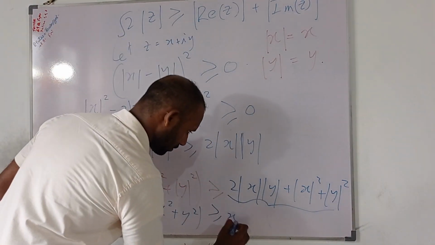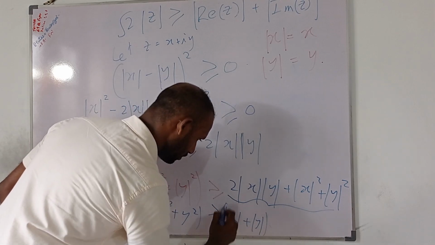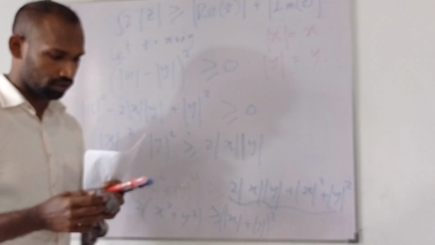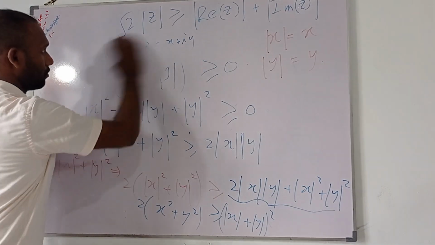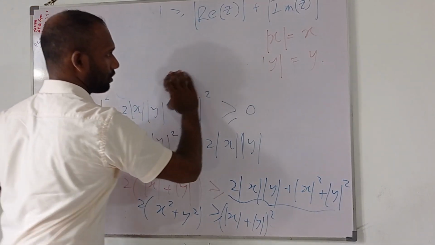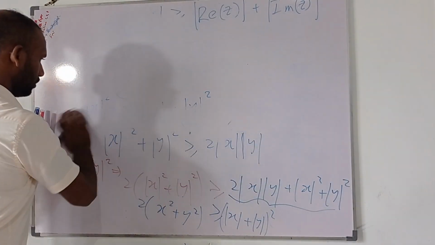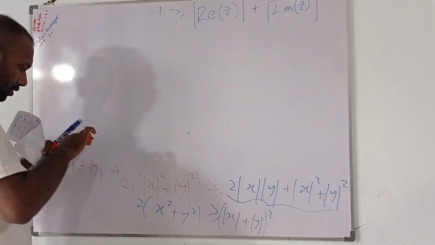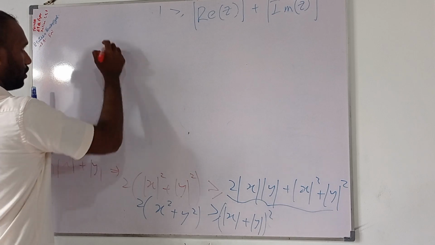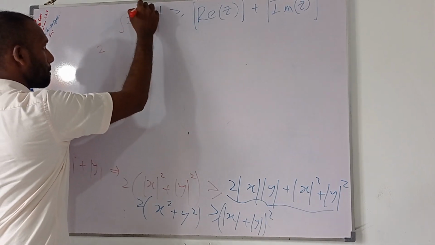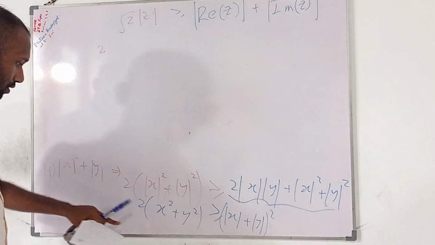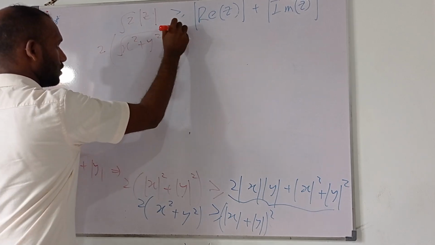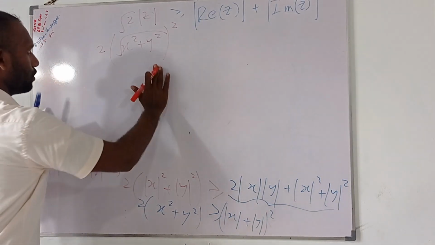Here square of modulus of x plus modulus of y. So 2 times this is, sorry.